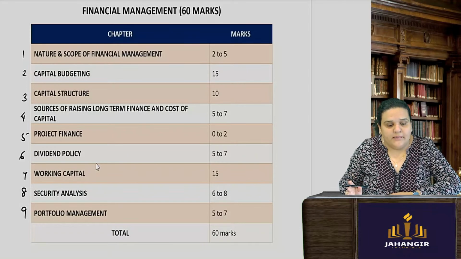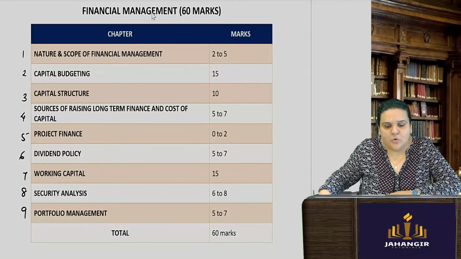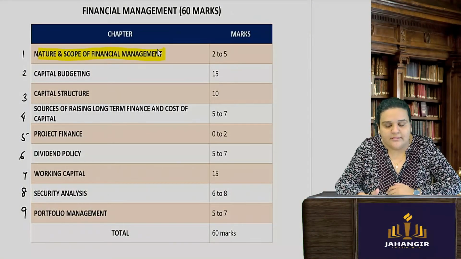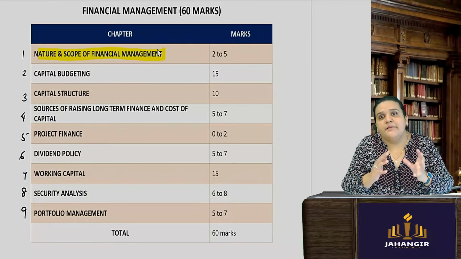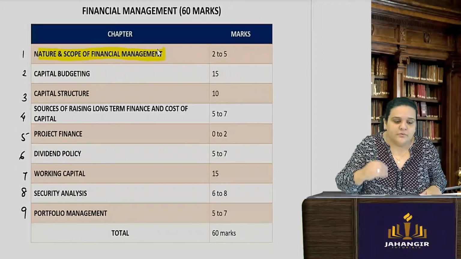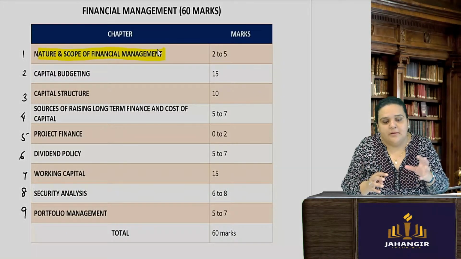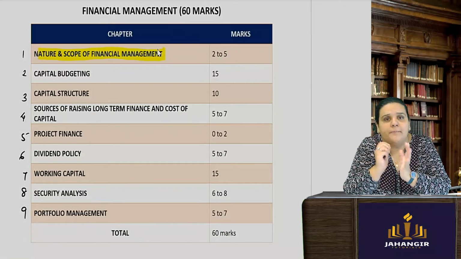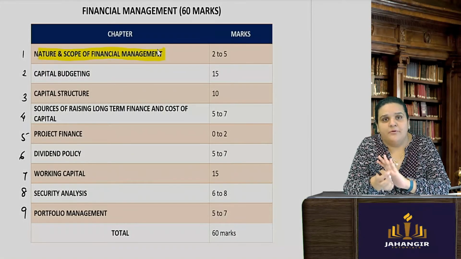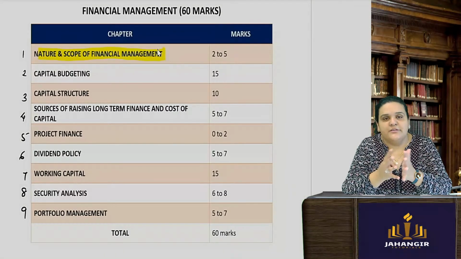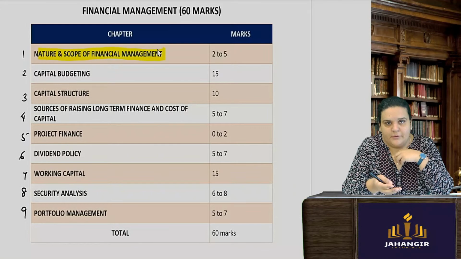Now in that your first chapter, nature and scope of financial management, if in case you have already gone through it or read that chapter, it is a mixture of all the other chapters. So once you know all the other chapters, you will be able to solve any sum coming from the scope of financial management. Only there are some 1-2 unique parts in the chapter which you can definitely refer to your ICSI module, or whichever study material you are referring to.